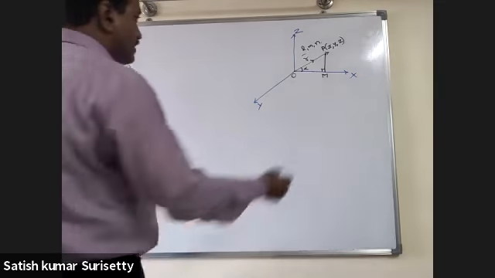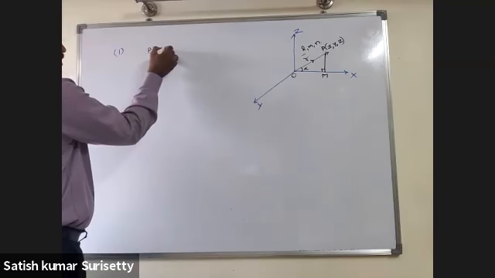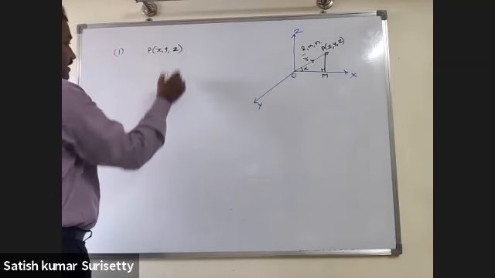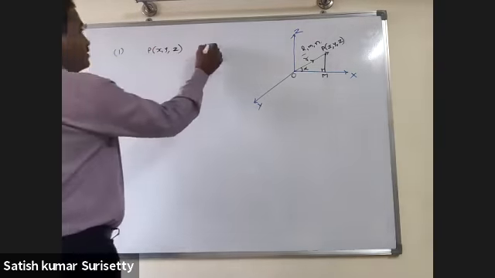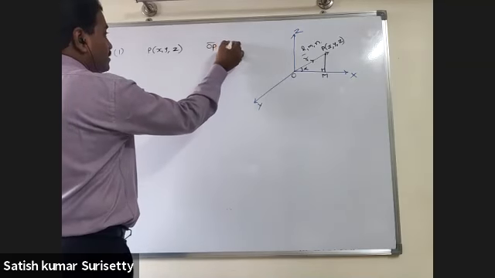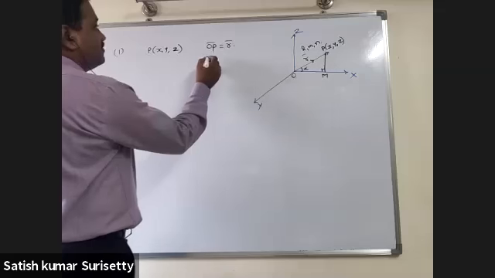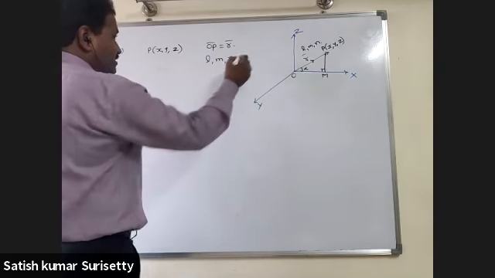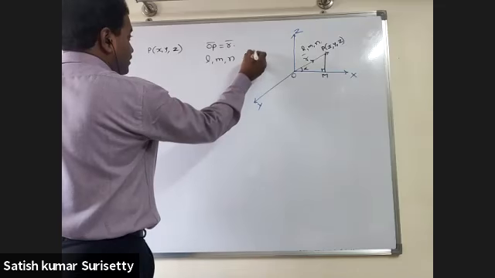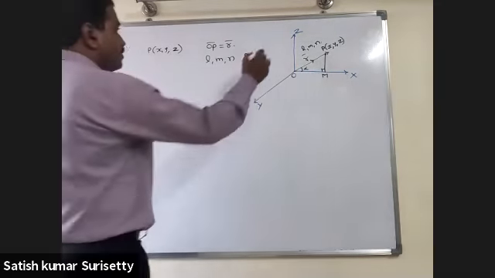Right. Let P(x, y, z) be any point in the space with OP bar equal to R bar, and L, M, N are the direction cosines of OP bar.